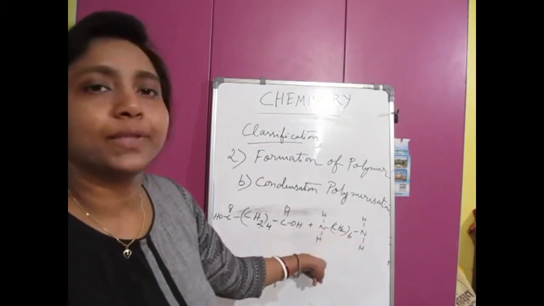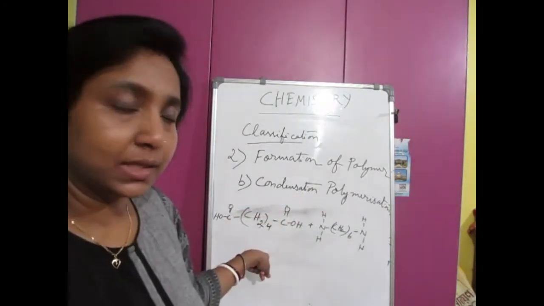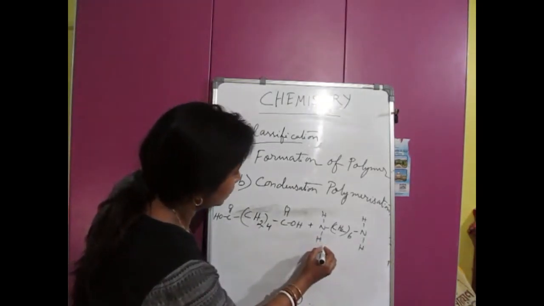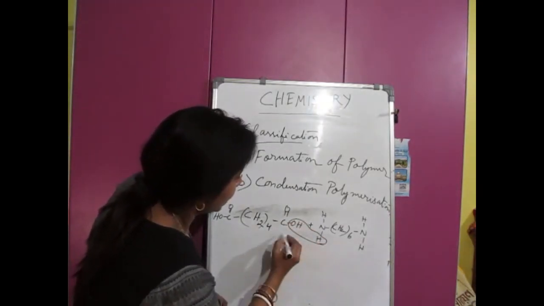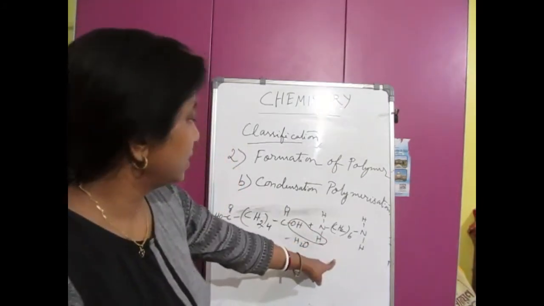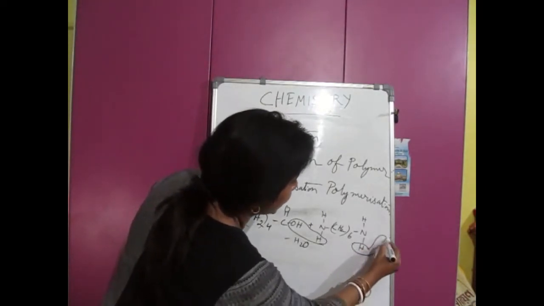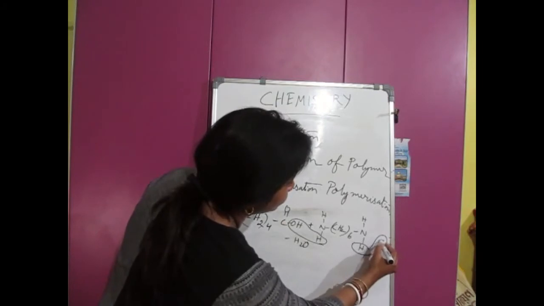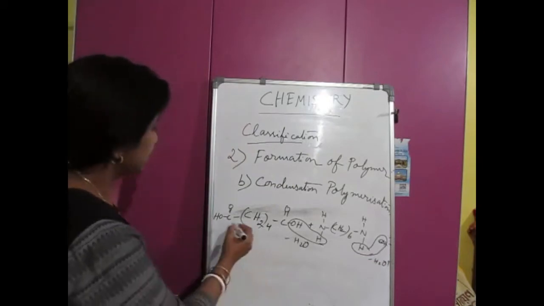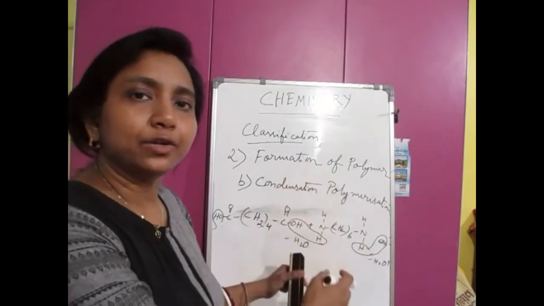Hydrogen from the amine group and OH from the adipic acid carboxylic group combine together and are left as H2O. Same way this hydrogen will be left with another OH group as H2O.